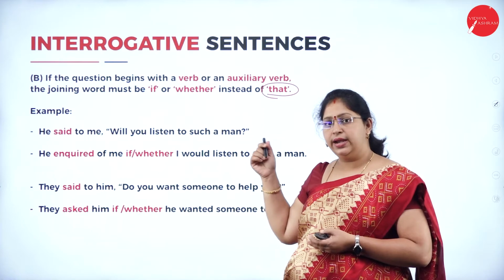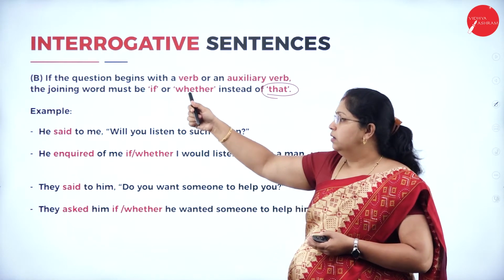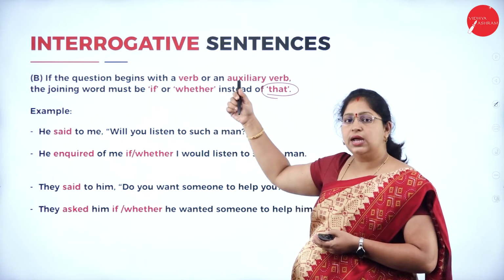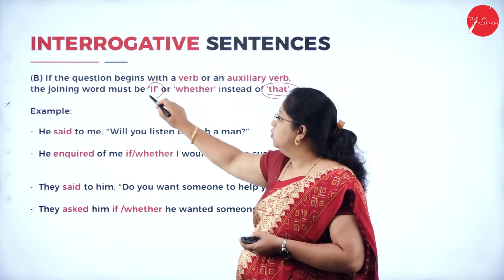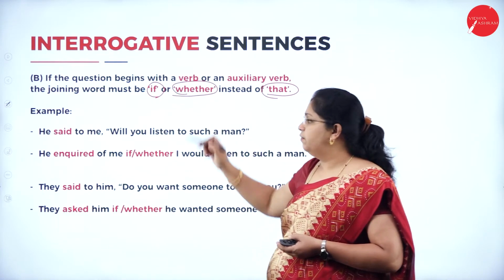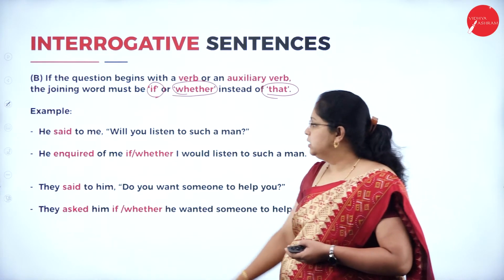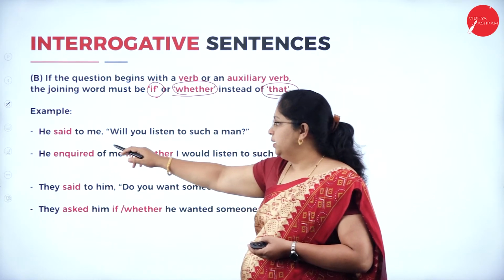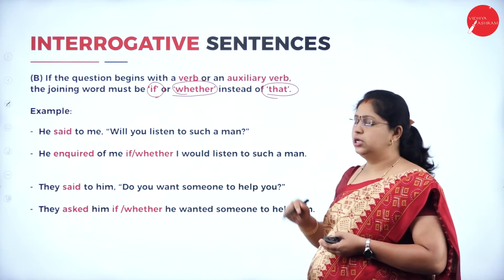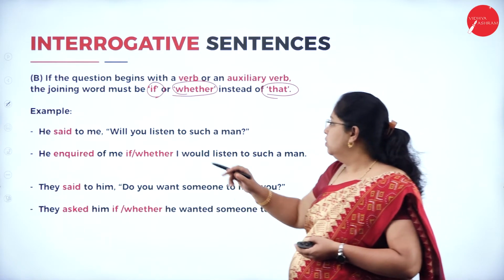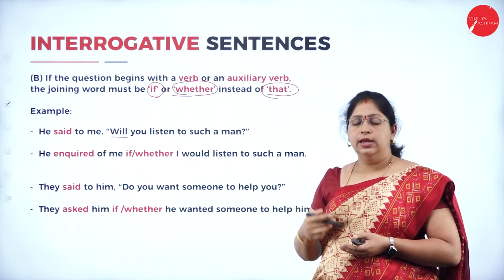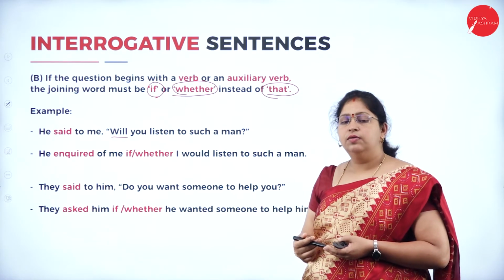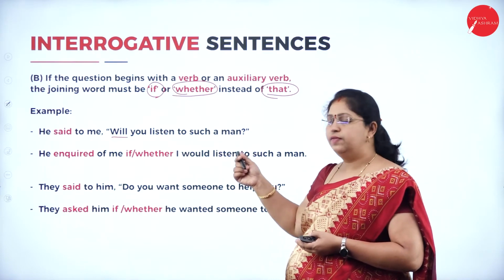But if it is in the interrogative sentences which start with the auxiliary verbs, then what is the change we need to make? We need to change it to "if" or "whether". Okay. See the example. He said to me, "Will you listen to such a man?" Okay. So, here "will" is an auxiliary verb which has formed the question here.